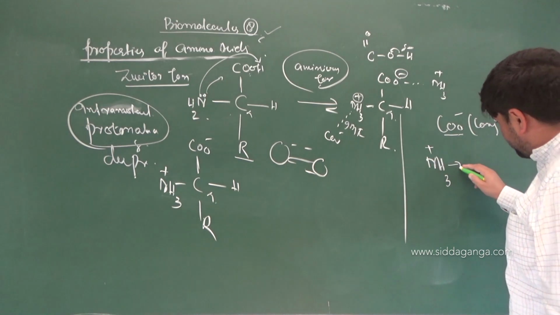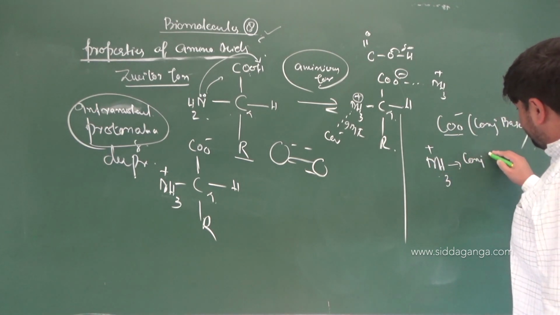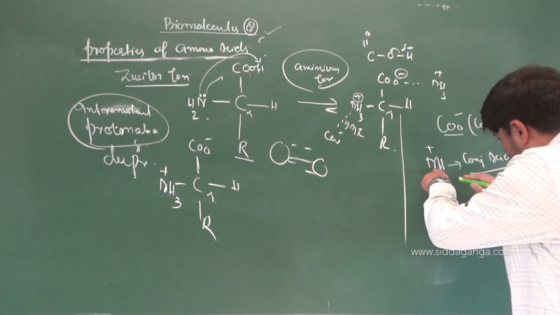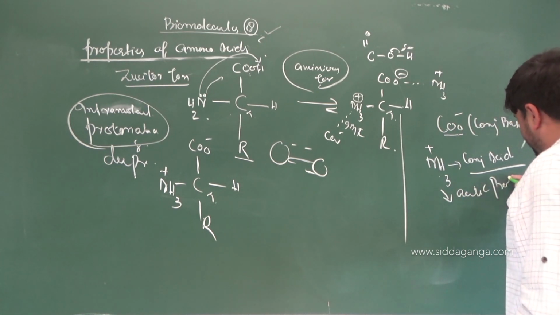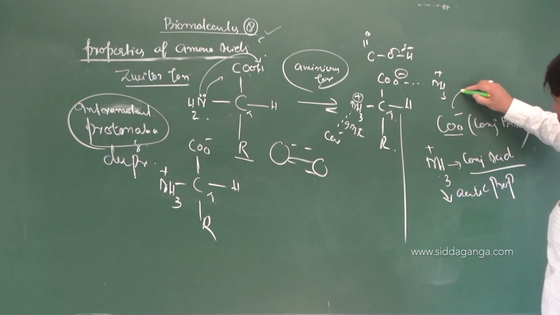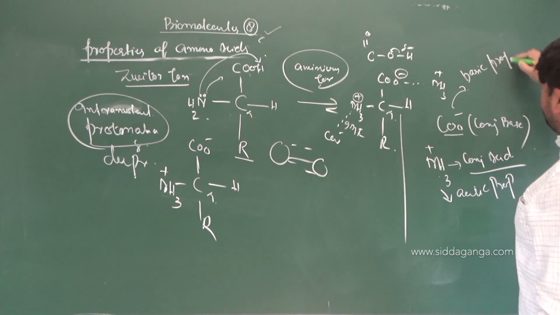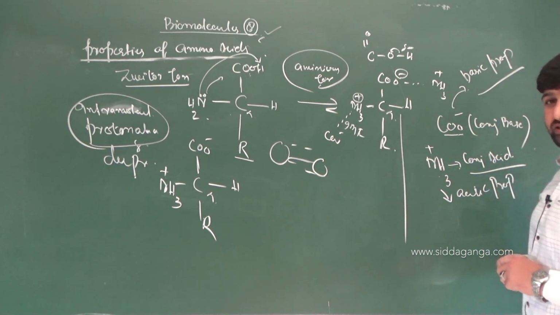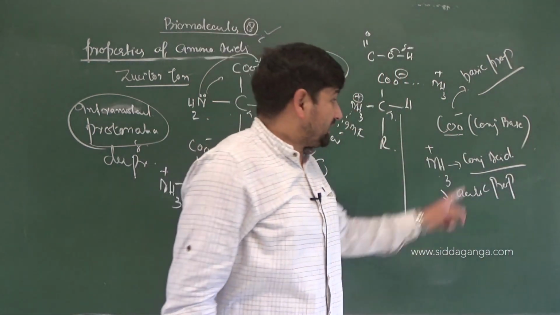And NH3 plus is not now the base, it's a conjugate acid. So NH3 plus will determine what? Acidic properties, right or not? And COO minus will represent which properties? Basic properties.